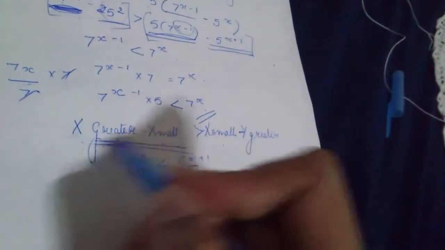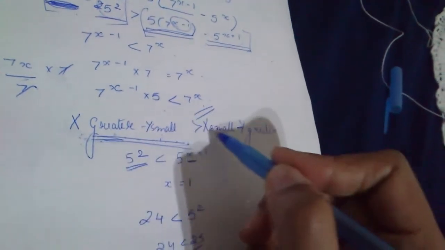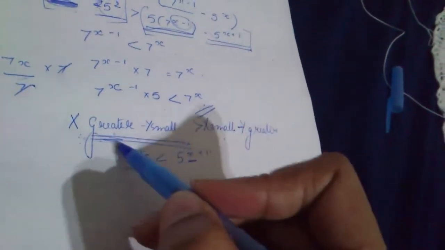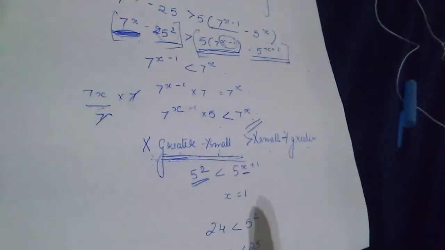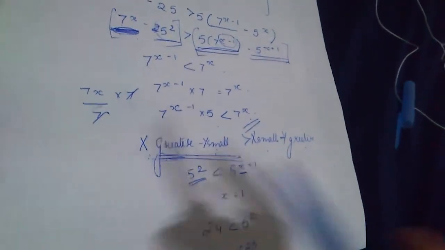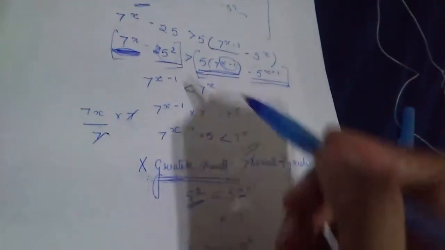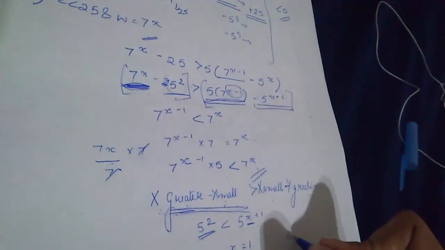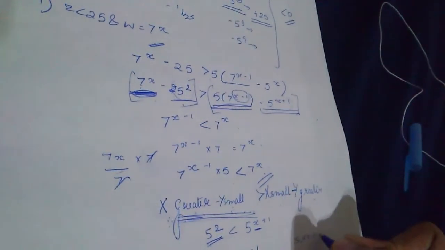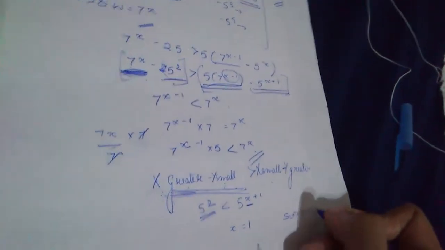When you try to find out this expression, x greater minus y small and x small minus y greater, you will always see that the LHS will be bigger than the RHS. It's basic understanding. So if you go by the same analogy, you would see that this part of the expression is always greater than this part of the expression. So proved, this one is sufficient, right? This one is sufficient.